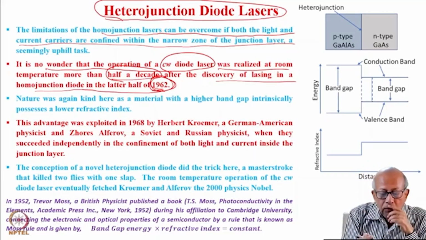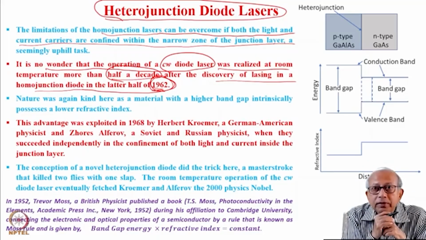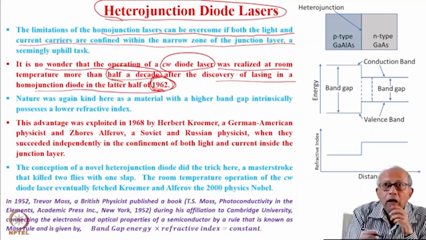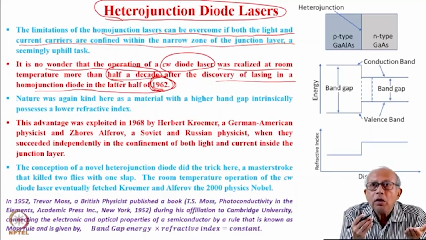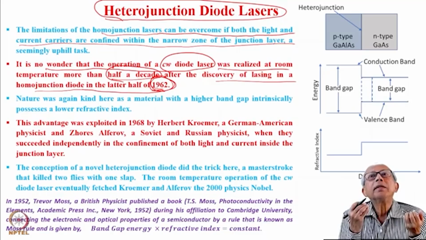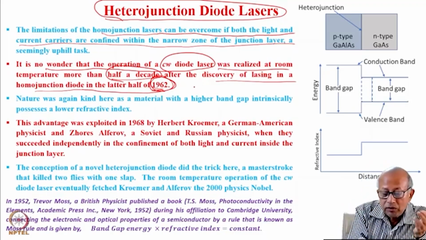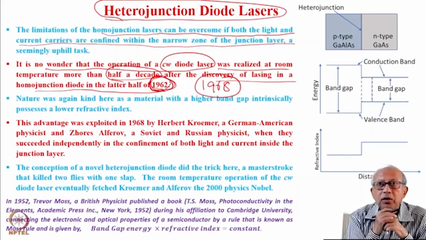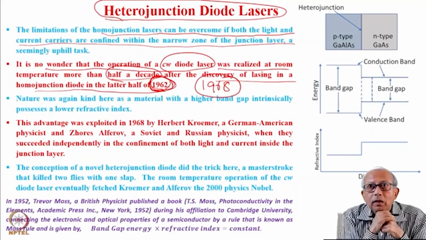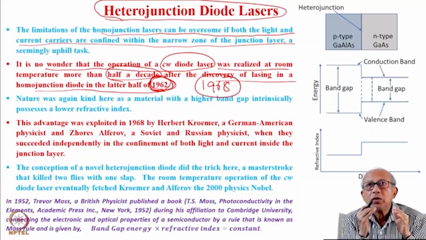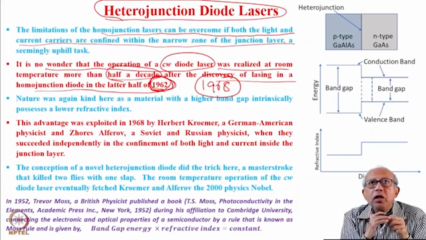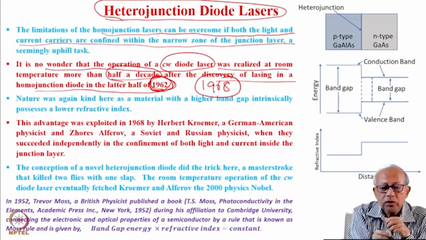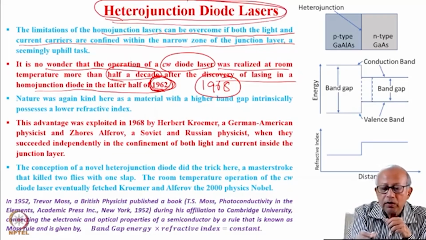It took more than 5 years before the CW operation of a semiconductor laser was achieved sometime in 1968, more than 5 years after the invention of laser. And such operation was achieved in a laser which is known as heterojunction diode.